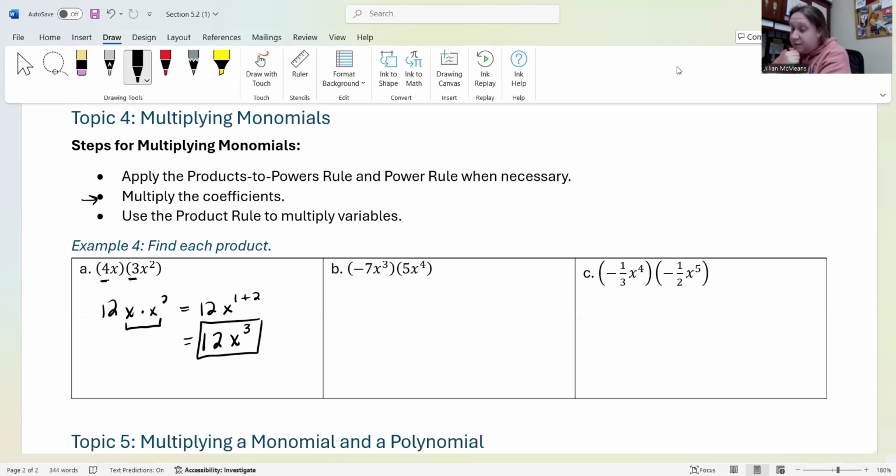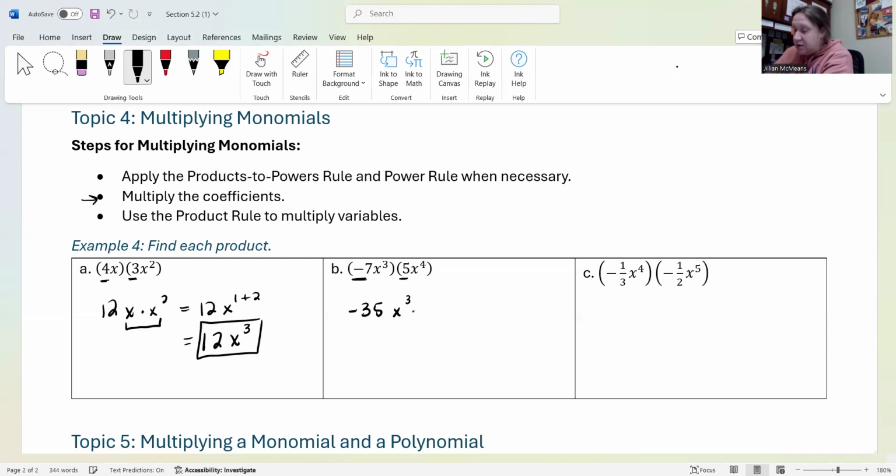All right, for part B, again, look to see if we have exponents on the outside. I've not done that in this example at all, so you don't have to worry about that one. So we do want to multiply our coefficients, okay? So we want to take -7 times 5, which is -35. And then we need to take those variable factors and multiply those.